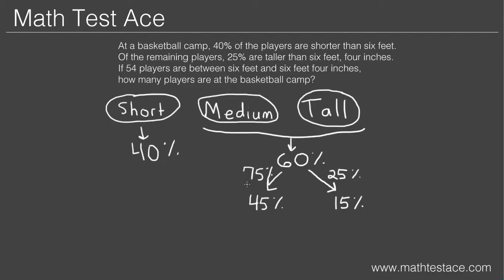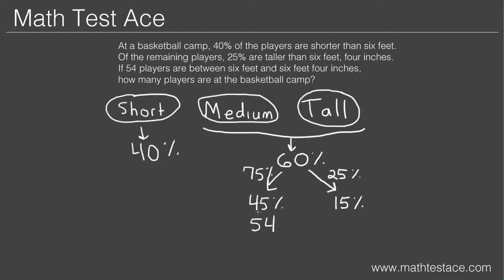So now we know the breakdown of the players in each group. The short players are 40%, the medium players are 45%, and the tall players are 15%. But they give us one more piece of crucial information, and that is that the medium players, who are 45%, have 54 players in the group.